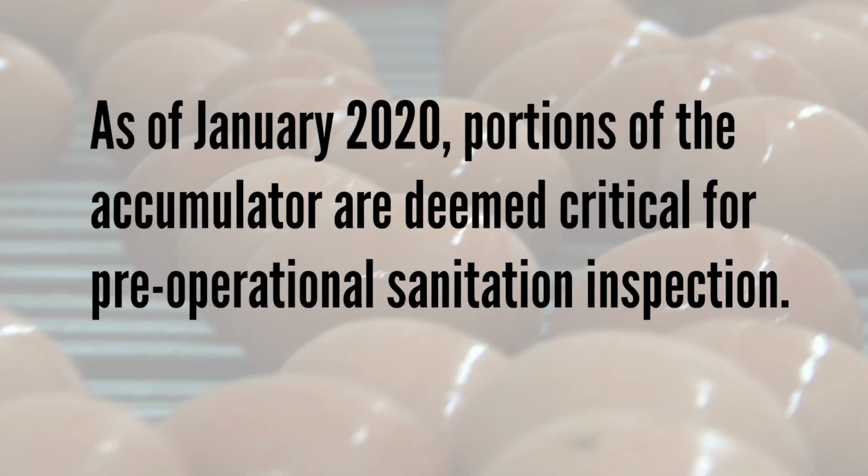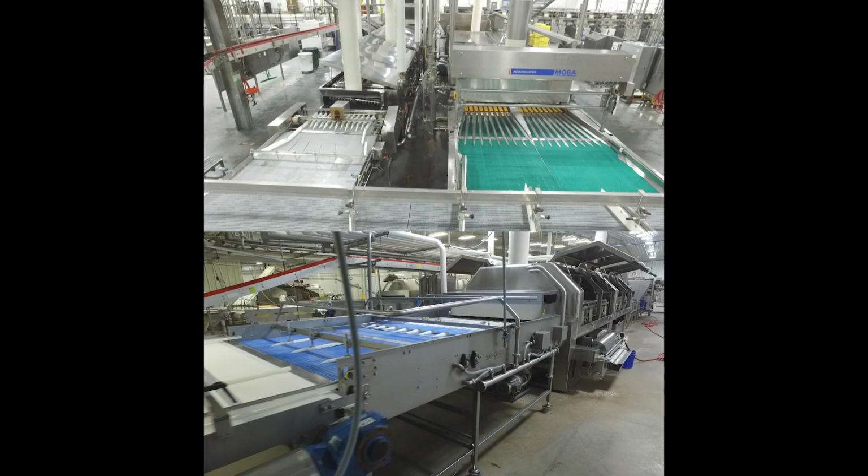As of January 2020, portions of the accumulator are deemed critical for pre-operational sanitation inspection. The following portions of the accumulator are critical: belting surfaces, overhead sensors, overhead mounts for sensors, guides, reflector plates, and transfer plates.